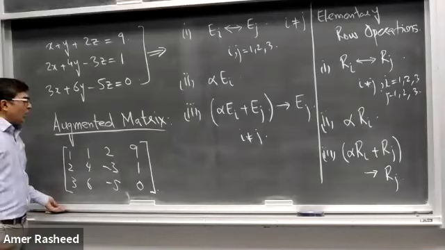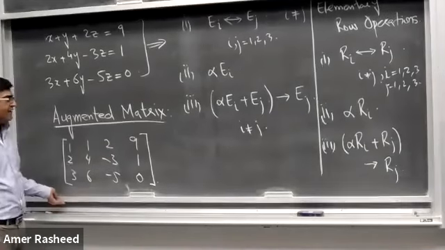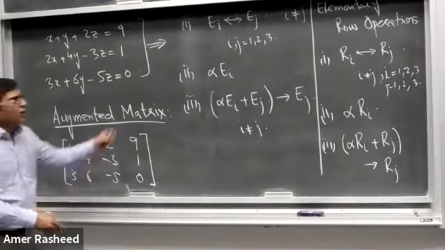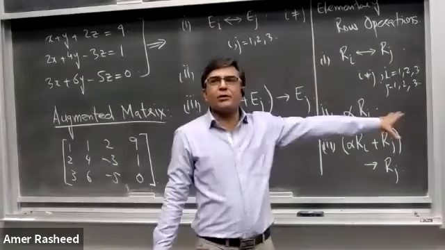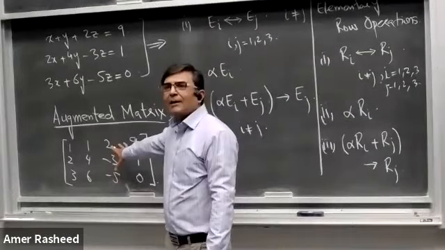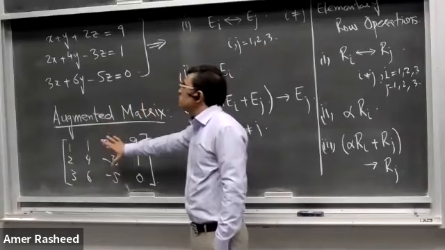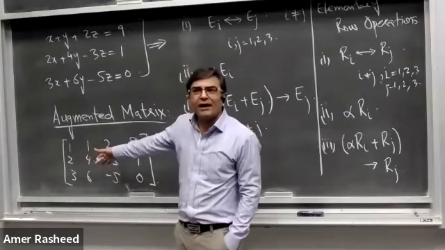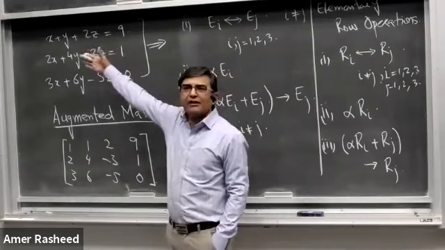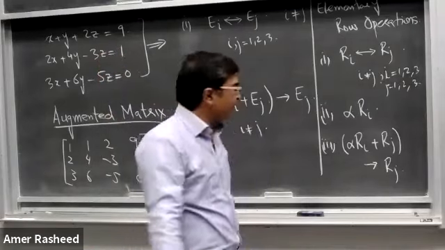Okay. Now, how to solve them simultaneously? We are now going to use these elementary row operations in order to simplify this augmented matrix so that we can solve the given original linear system. Okay.